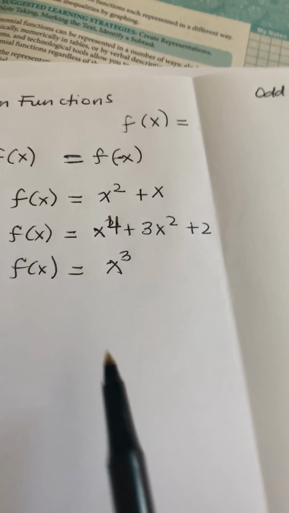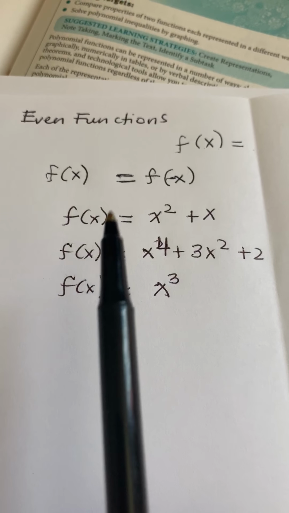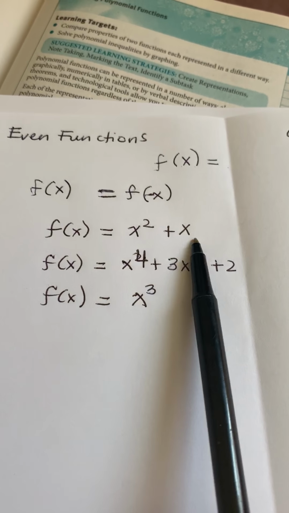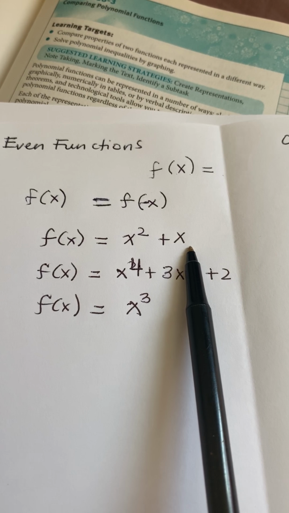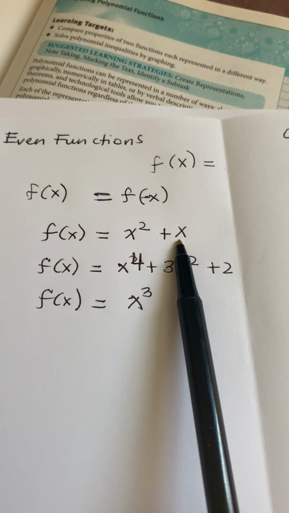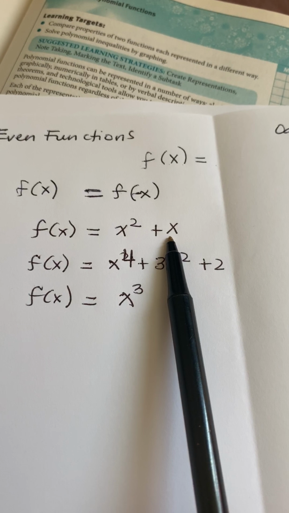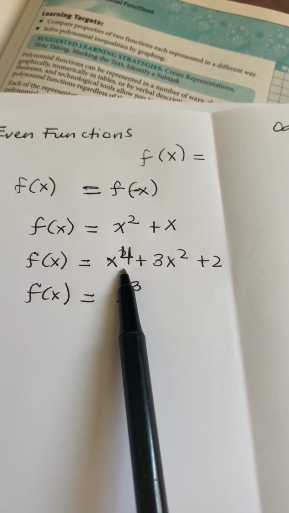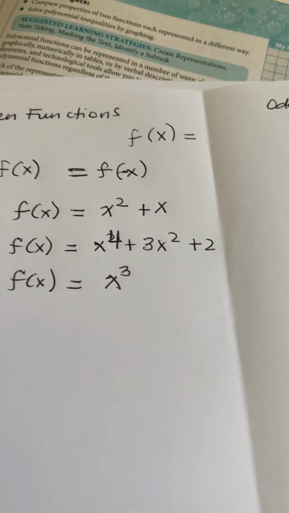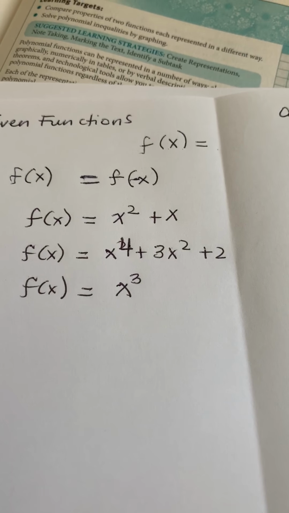So if you think of any number, let's say 1, which is the easiest, substitute it here, then you will get an answer. Then substitute negative 1 here and see if you will get the same answer. Also here and here. So pause the video and try to do that.